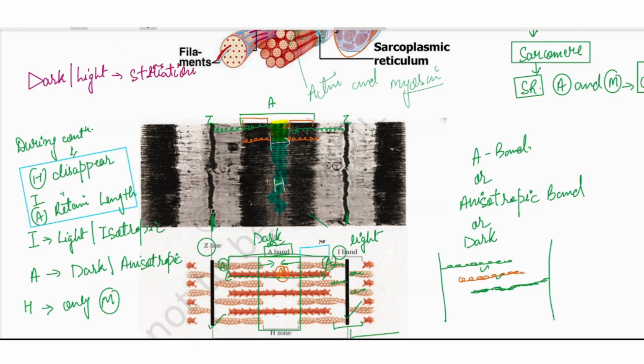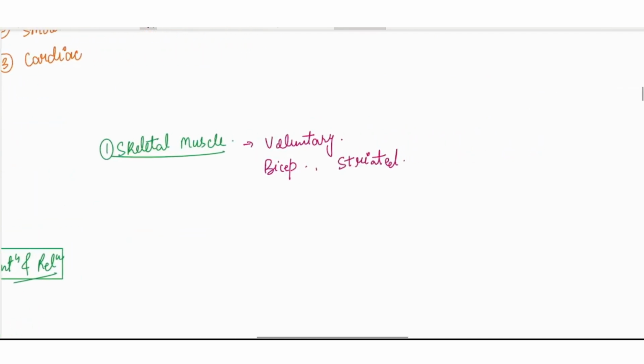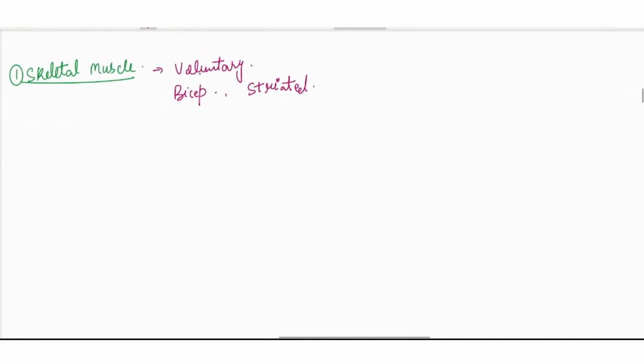Where it is not present, I will tell you at the same point. The presence of dark and light bands is known as striation, right? So that is what we have seen here. Skeletal muscles are voluntary, like the biceps, and they are striated.